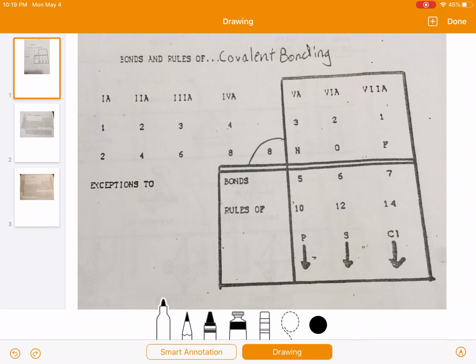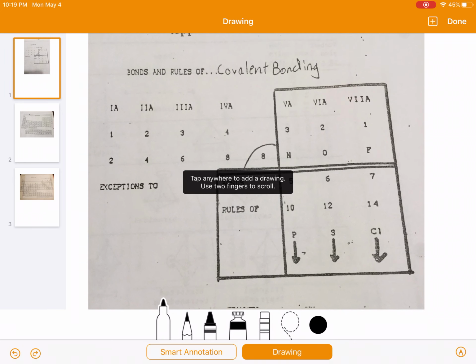Group 1A wants to have 2 electrons around it.